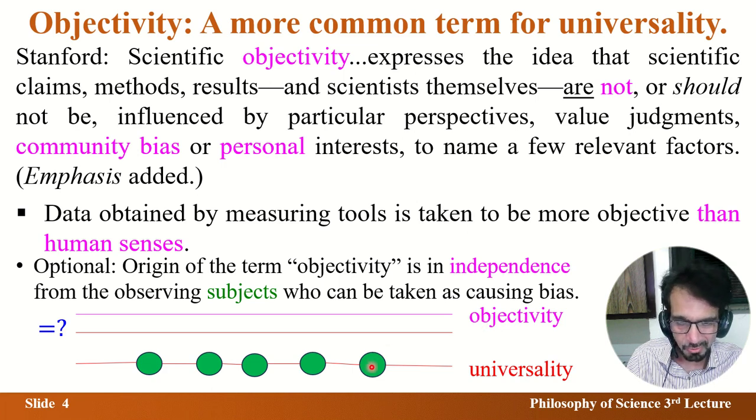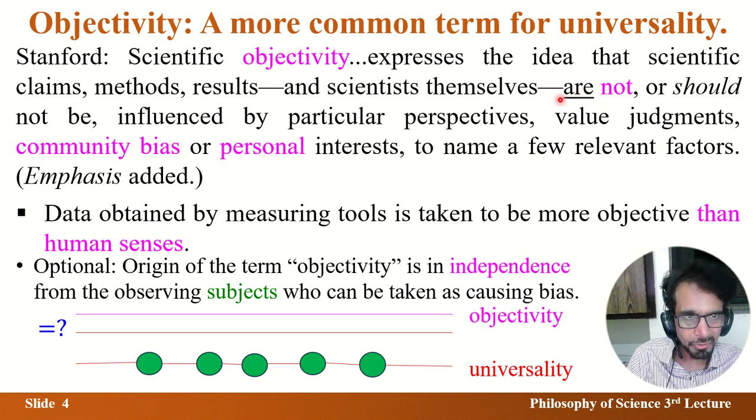So you can't get rid of the person. Anyway, this technicality I leave here. Whatever you call it, universality or objectivity, the basic thing is you should not be influenced by personal interest or bias or community bias.